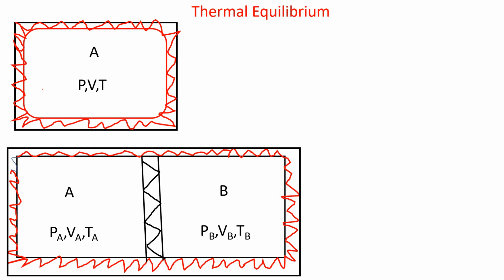This is a system. It may be a gaseous system, a fluid, a solid, whatever it is. System A is a gaseous system. Here its pressure is P, volume V, temperature T, and it is kept in a closed and insulated vessel. That means it cannot transfer any energy or matter with the surroundings and vice versa.